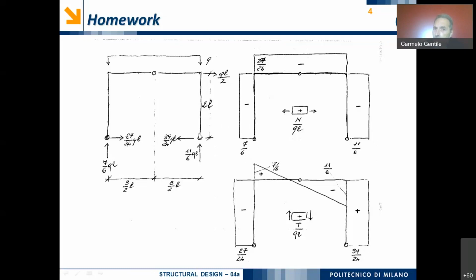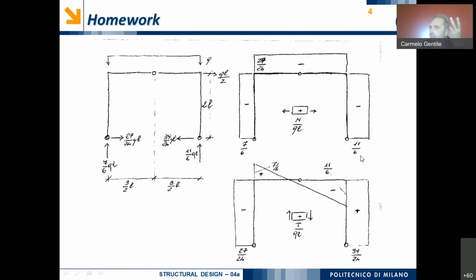Let's look at our right-hand side. Again, no axial forces distributed along the column, and so again what I expect is that the axial force is in compression because it's equal to the external reaction, and its value is equal to 11/6.